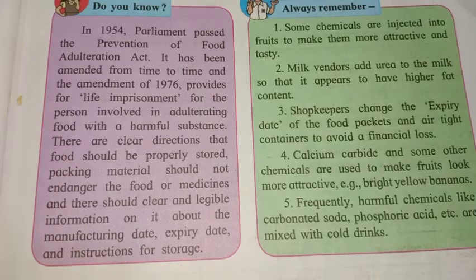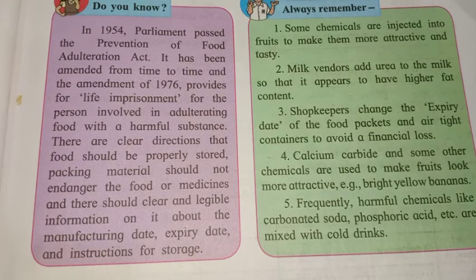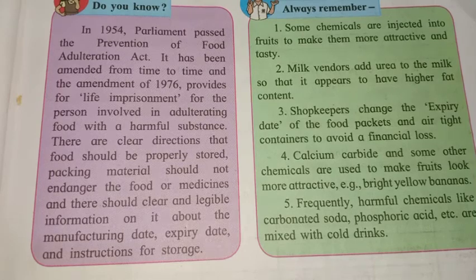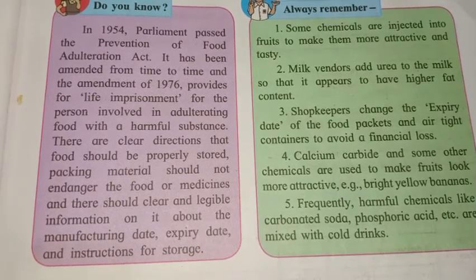Now let's discuss the directions of this law. First one is, food should be properly stored. Second is, packing material should not endanger the food or medicines. Third one is, clear and legible information should be there on packets about the manufacturing date, expiry date, and instructions for storage.